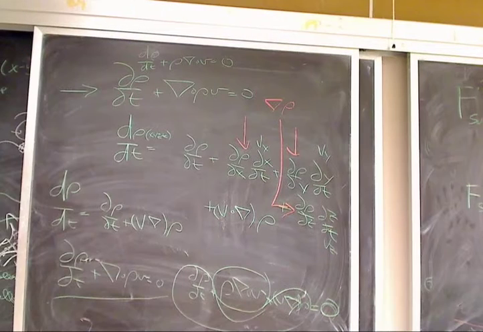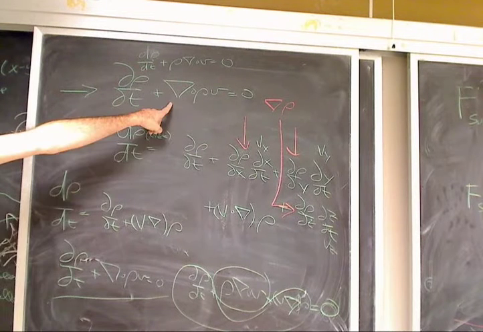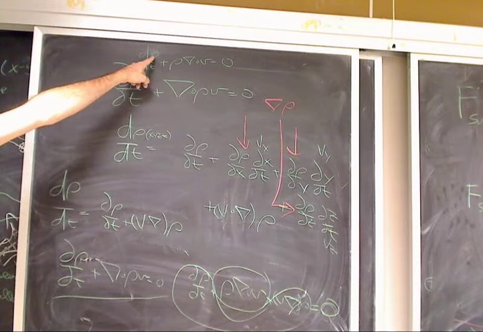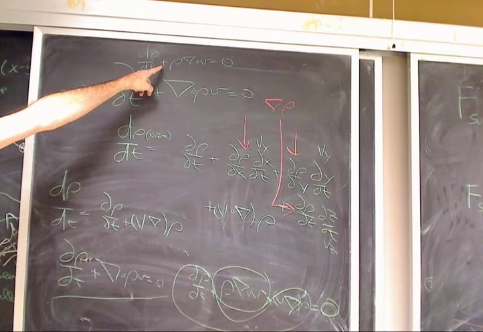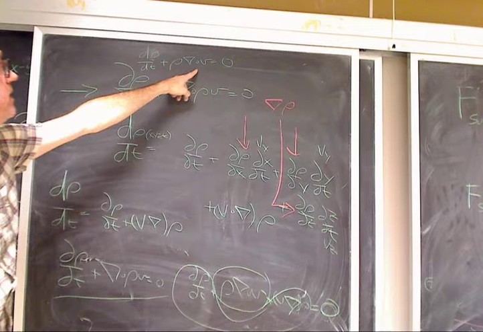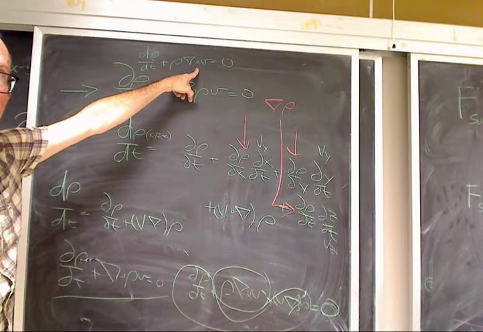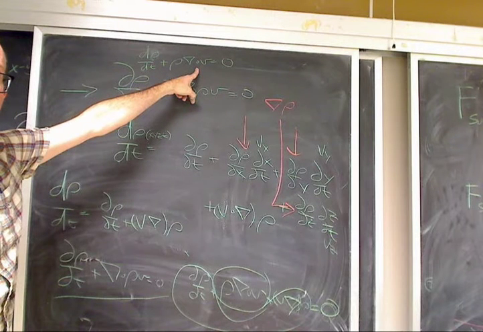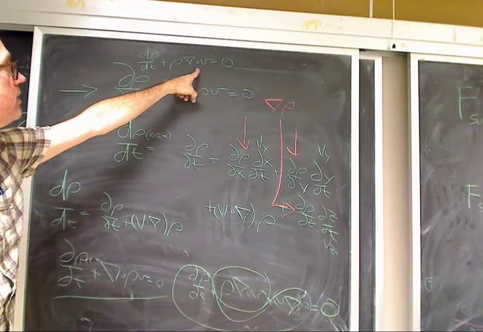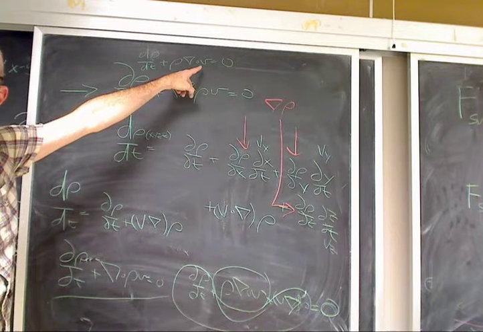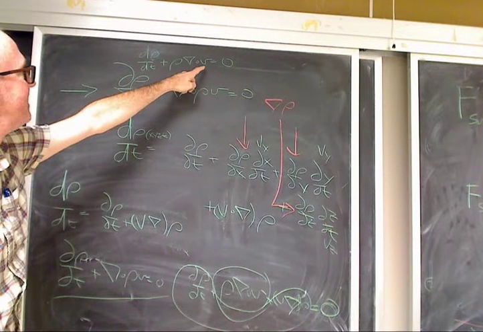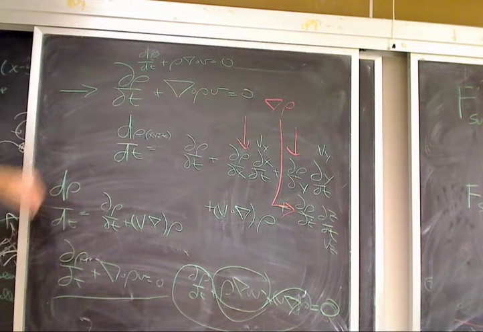So this is another way to write the same equation. This way we see it's like a conservation law, and this way we see what happens to density as it goes along. So density is affected by div v, the velocity divergence. This is a fact that is important in life for some of us. So I'll move this back over here.